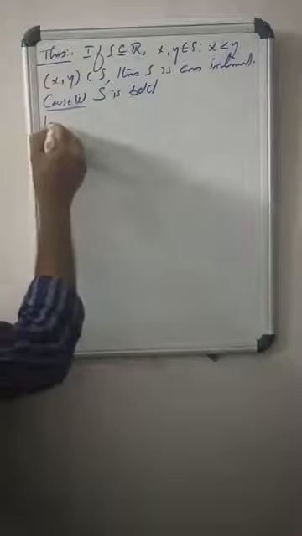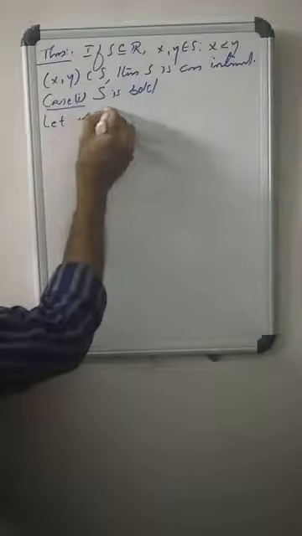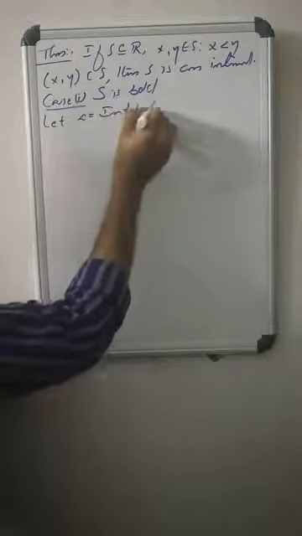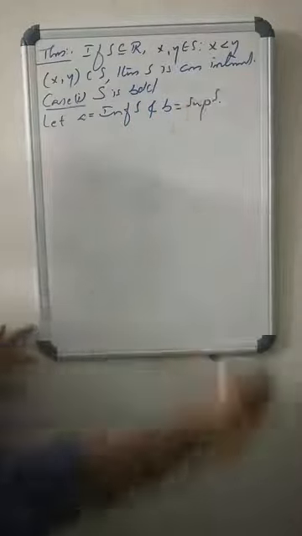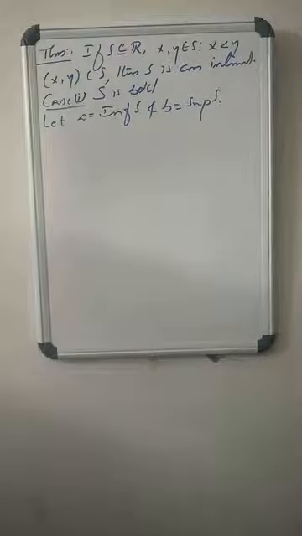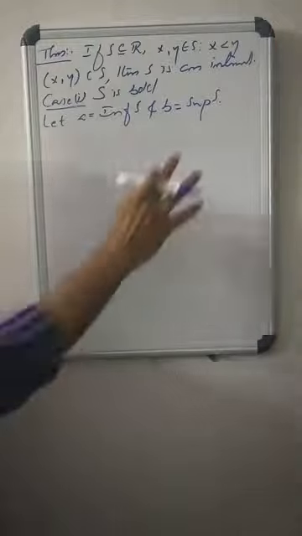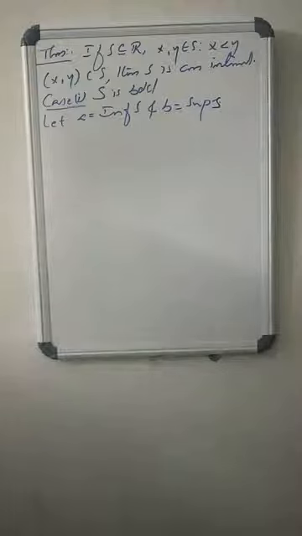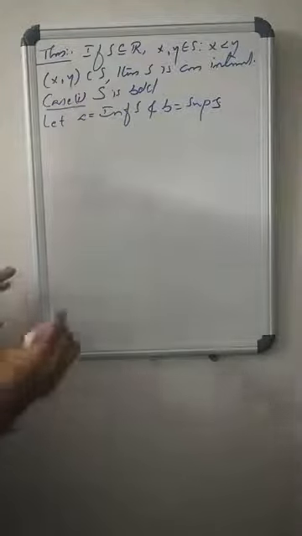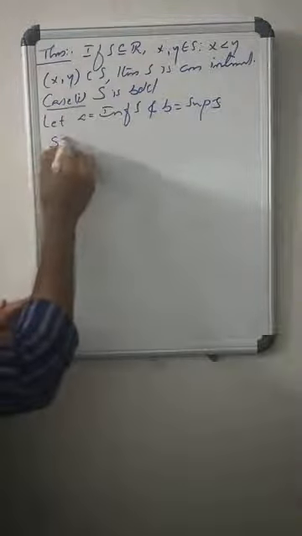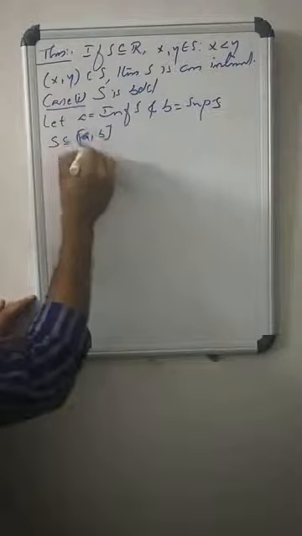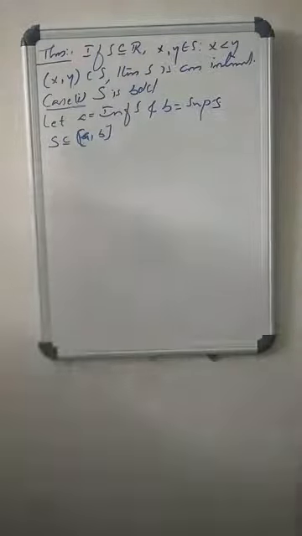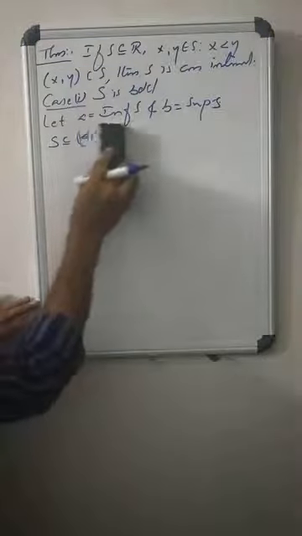So let A equal the infimum of S and B equal the supremum of S. Then S is a subset of the closed interval [A, B]. Agreed?